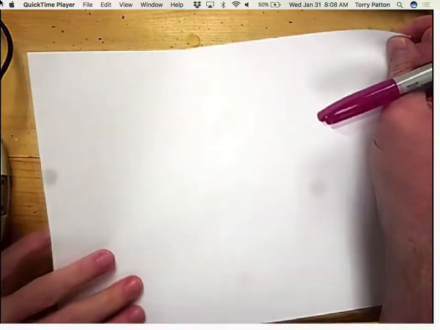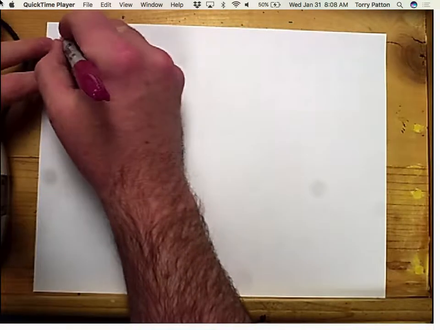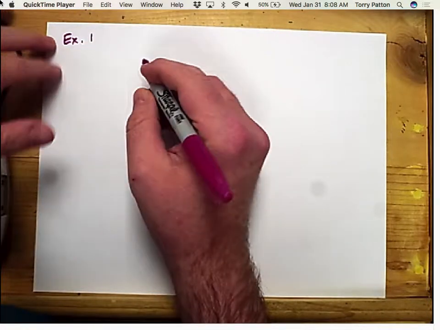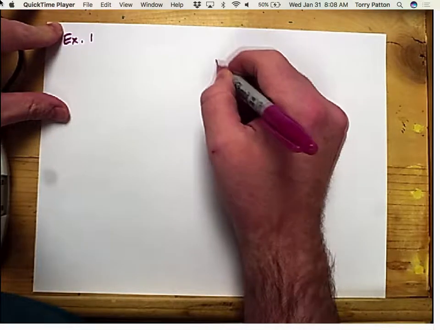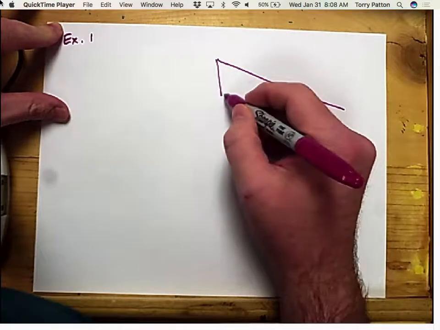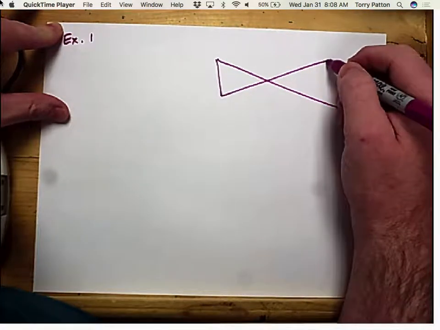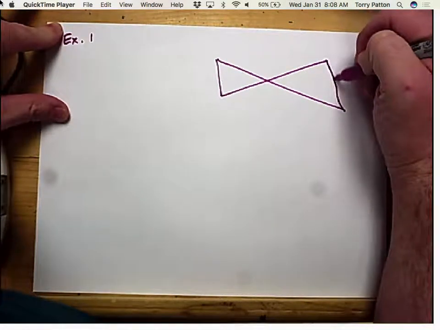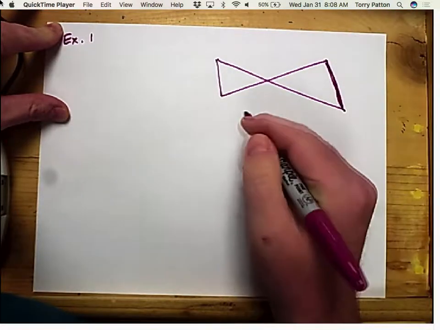So let's say this. Pretend that's a straight line. All right?